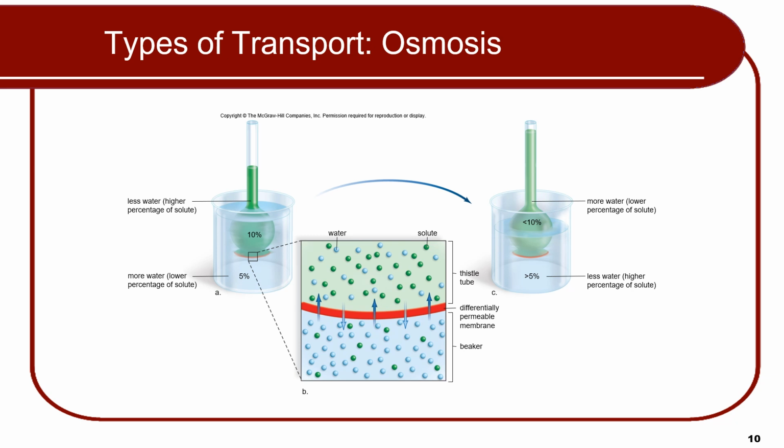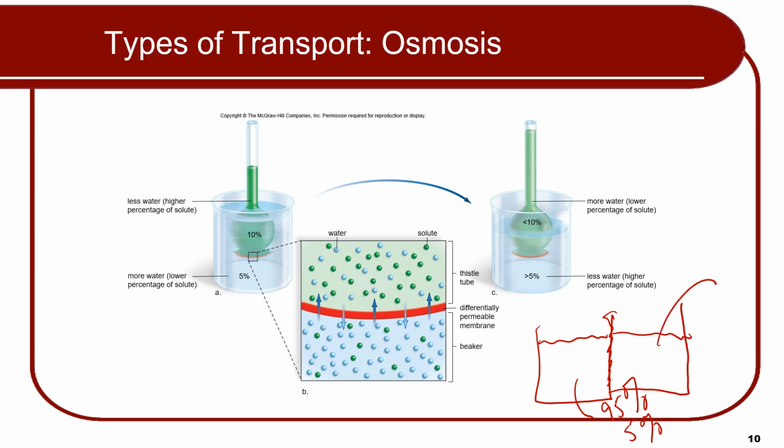So suppose you have a solution of salt in water, and it's 95% water and 5% salt. And then separated by a membrane, there's another solution that is 10% salt.